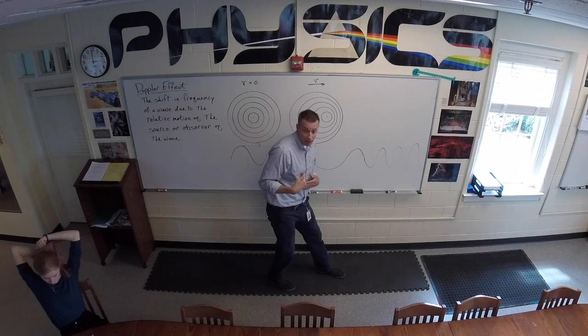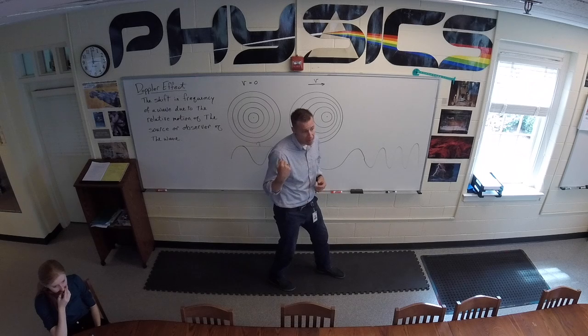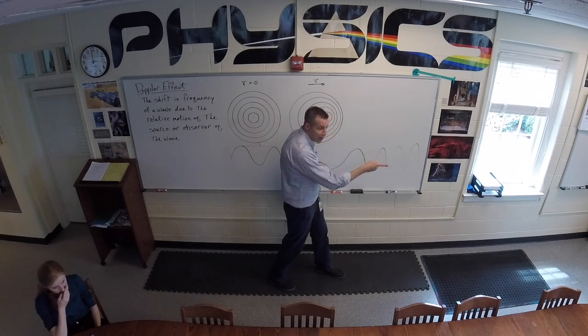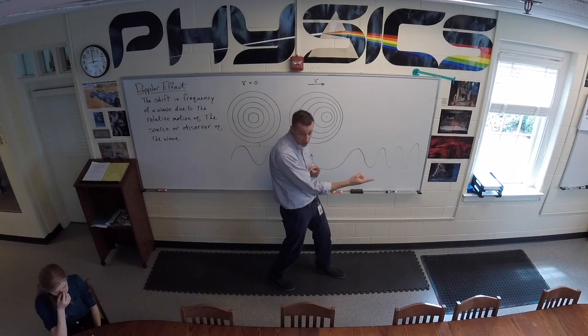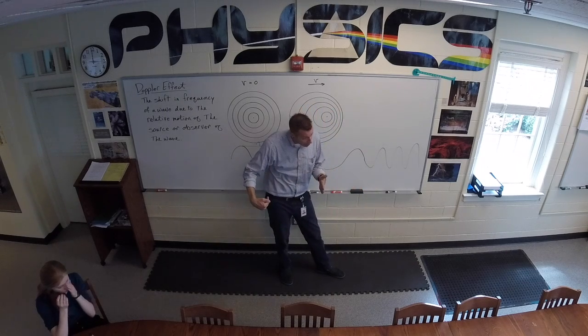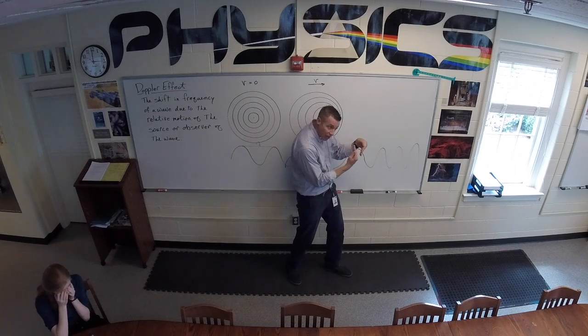If the machine, which most typically is an airplane, but there are a few cars that can do this, but not many, right? If the airplane can go faster than the speed of sound in air, which we know is 343 meters per second or 720 miles an hour, then the sound is actually behind the airplane. So you can imagine that it's compressing the waves and compressing the waves and compressing the waves.